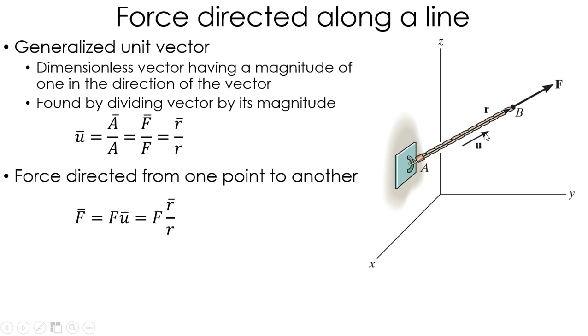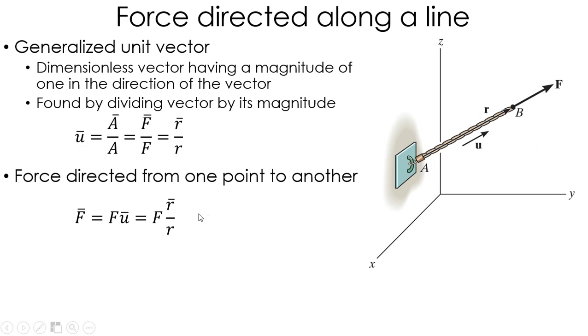Then from that, I can actually write my force in Cartesian form. So if I've got, say, 10 pounds, some magnitude of force up here, I can take that magnitude of the force times the unit vector. That will give me my force vector. It's essentially just rearranging this equation, bringing F over to this side.